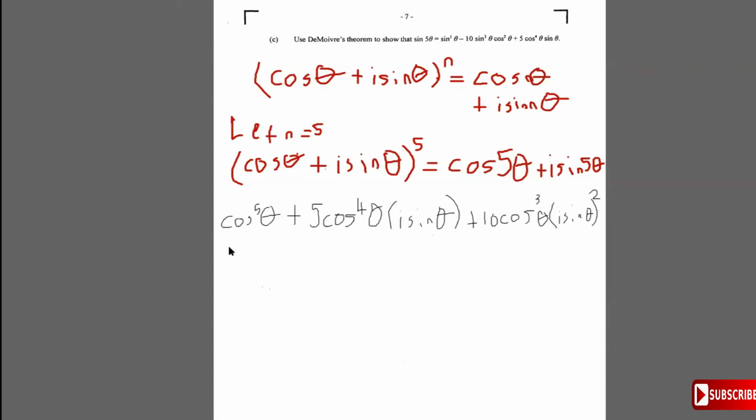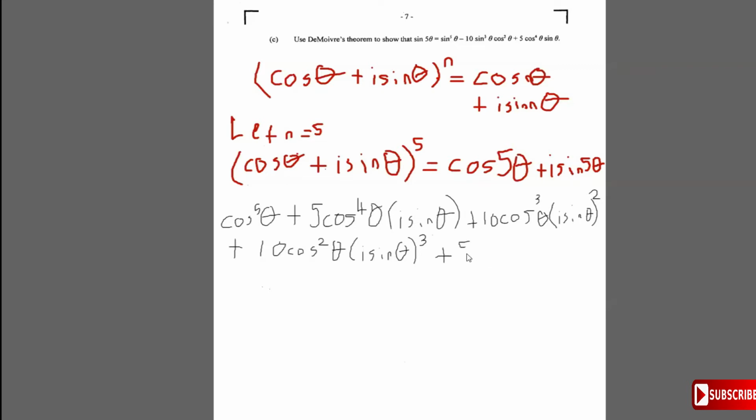plus 10 again, but now it is 10 cos square theta times I sine theta cubed. Following the pattern, it is 1, 5, 10, 10, then you go 5 again, and notice that we're decreasing in powers of cos and increasing in powers of I sine theta.